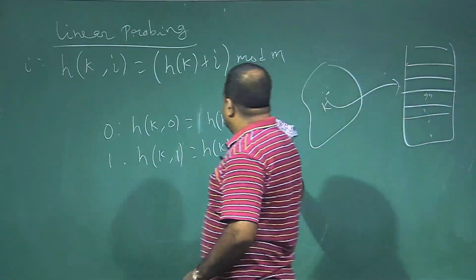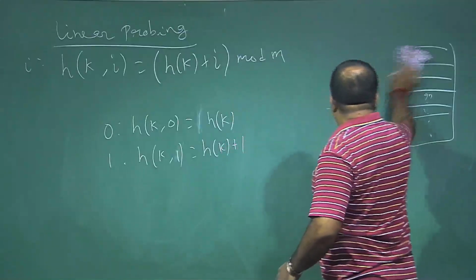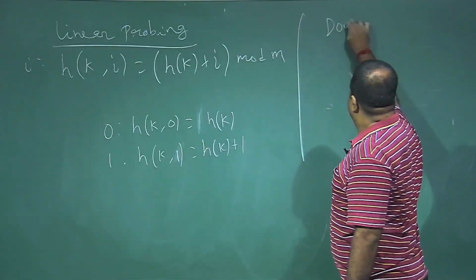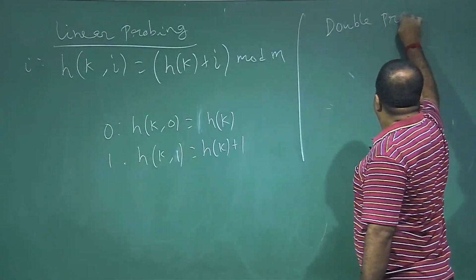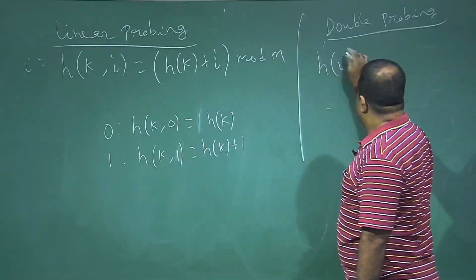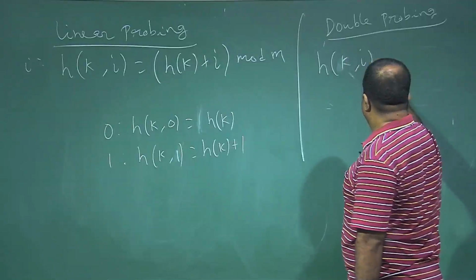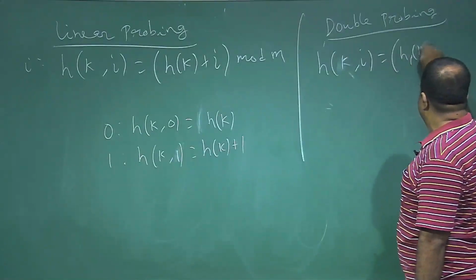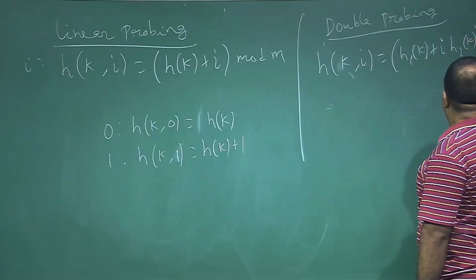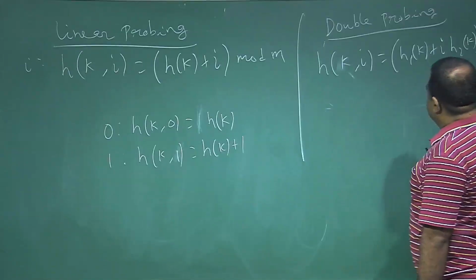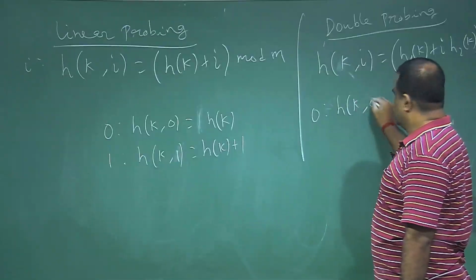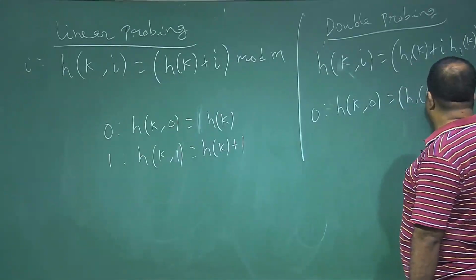To avoid this problem we apply what is called double hashing. This is the jth probe, and we have two hash functions, taken mod m. The 0th probe is just h of k.